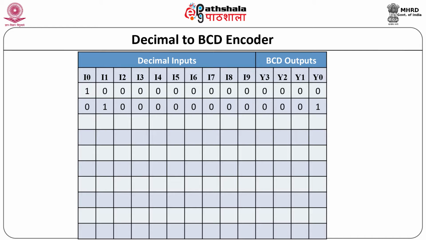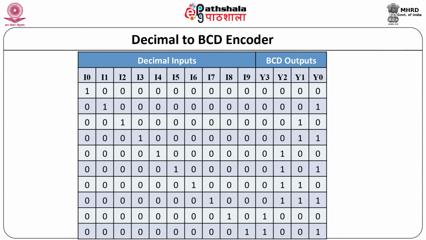Using this principle, we can prepare the truth table for all remaining inputs. The output of encoder provides necessary outputs from 0000 to 1001 respectively. There are in all 10 possible input conditions.